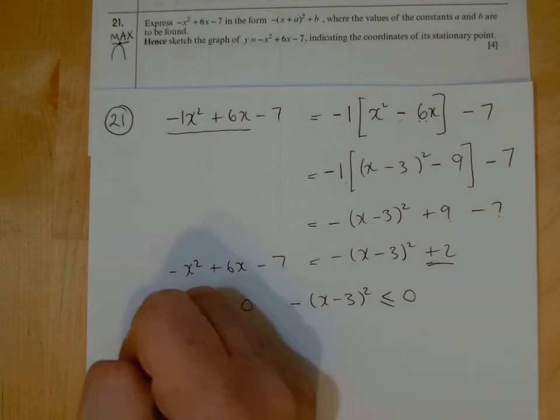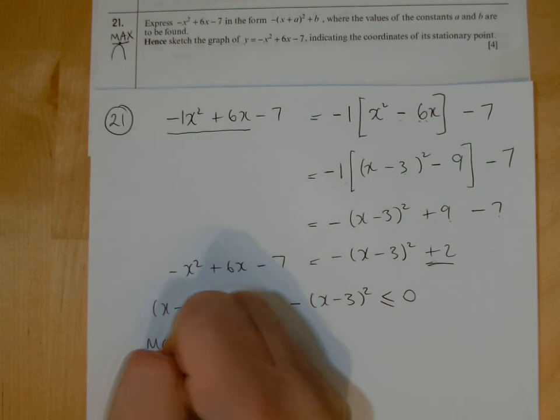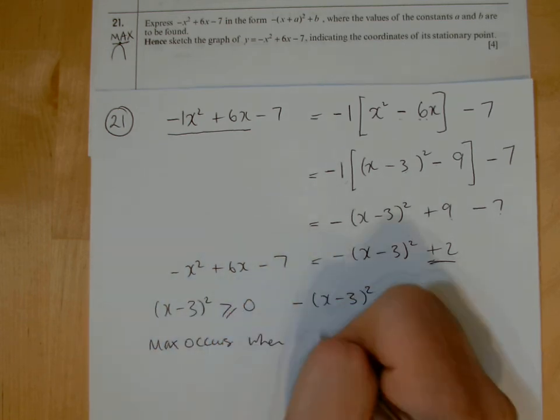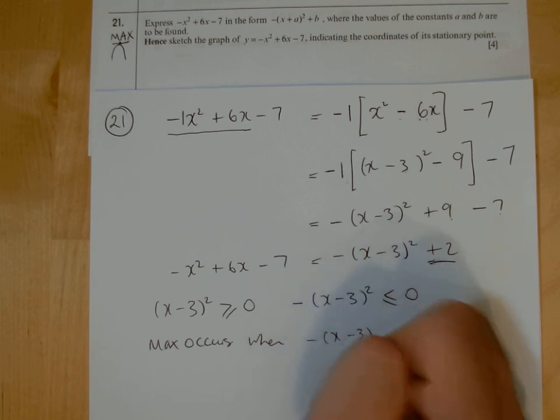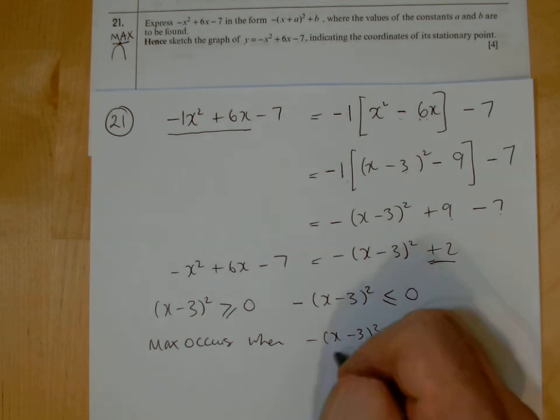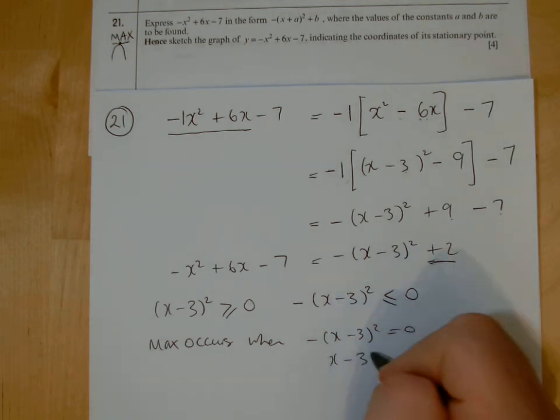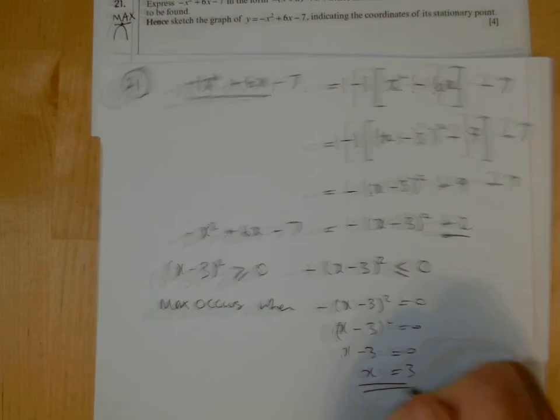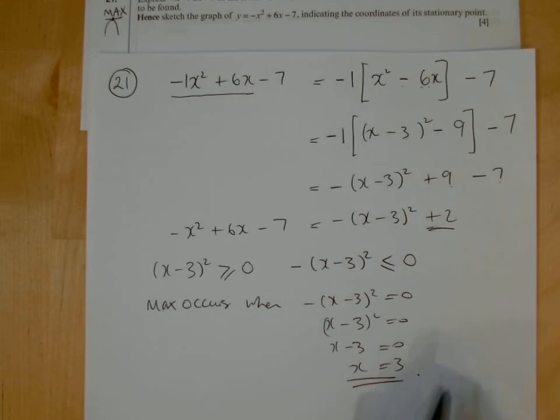So hence we can say the max occurs when the bracket here is equal to 0. It doesn't matter that it's minus the bracket; essentially the bracket will equal 0, which means x minus 3 is 0, so x will be 3. So that's where it occurs.